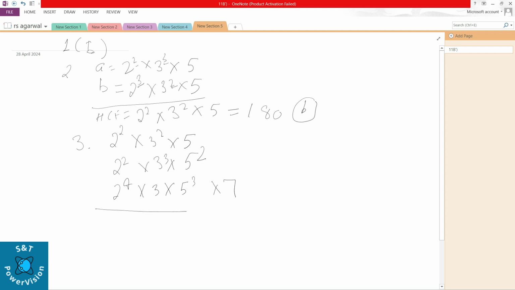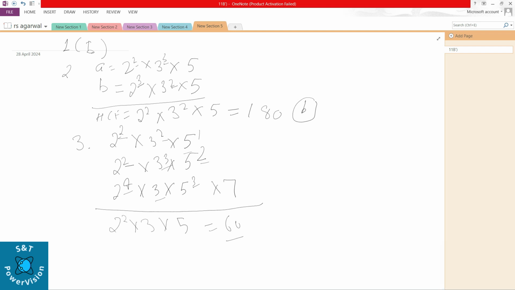While taking the HCF, I said we have to take the minimum. For 2, the powers are 2, 2, 4, so it should be 2 square. For 3, the powers are 2, 3, 1, so you will take 3 only. After that, for 5 the powers are 1, 2, 3, so we take 5 to the power 1. For 7, there is nothing common. So here 2 square into 3 into 5: 4 threes are 12, into 5 is 60. So the HCF is 60.